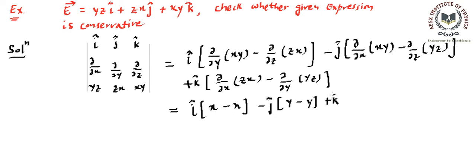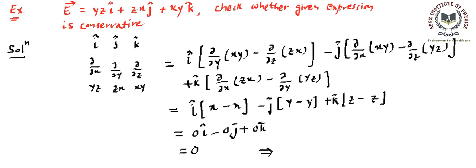Similarly for the k coefficient, the x derivative becomes 1 so z is treated as a constant, here y becomes 1 and z is treated as a constant. If we see carefully, this is coming out as 0 i cap minus 0 j cap plus 0 k cap, that means we are getting a 0 vector. Since it is coming 0, we can claim the given expression is conservative, so E is conservative.